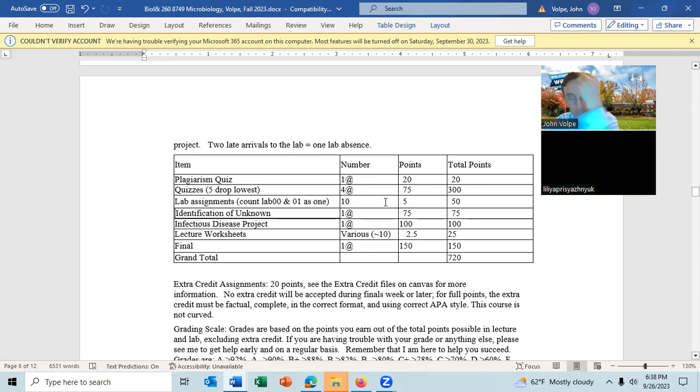It includes the unknown notes as well, which is worth 5 points. And it counts Lab 00 and Lab 01 as 1 for 5 points, meaning they're each 2.5 points. Let's see, identification of the unknown, that's a lab project. The infectious disease project is also a lab project. But the grades total to 720 points.